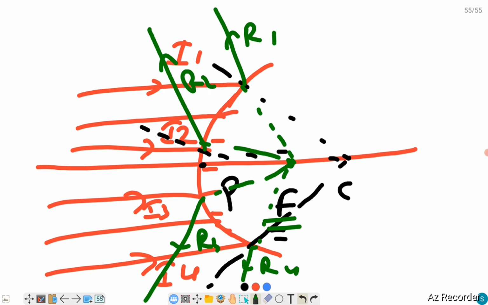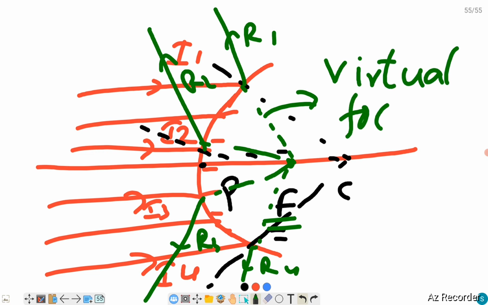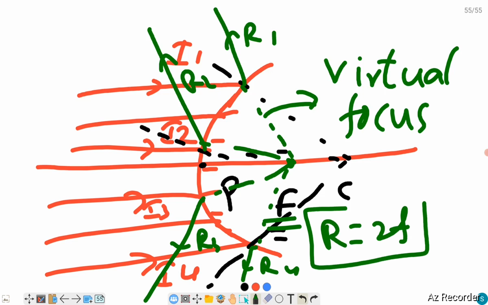But this focus is formed due to the extension of reflected rays, so this focus is the virtual focus. In a concave mirror, we have a real focus and here we have a virtual focus. Anyhow, that will be taken as the focus point only. And here also it bisects the radius, so R is equal to 2F. Here also it is correct. Understood?